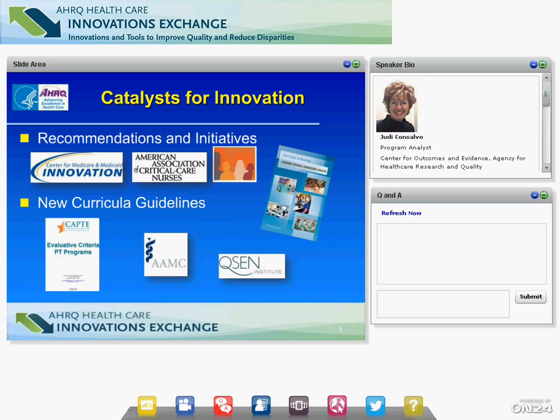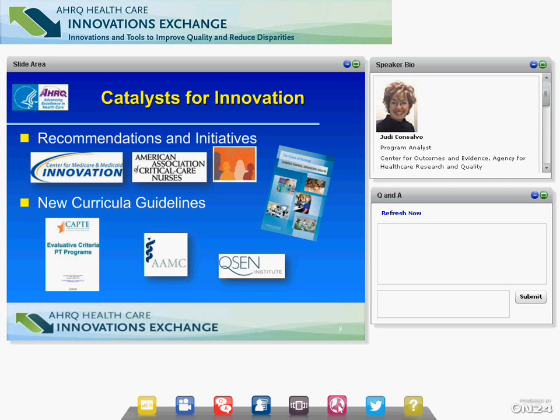This point is driven into recommendations and the institutionalization of innovation and quality improvement in health providers' education by a number of entities. Innovations for improvement has been promoted by the following catalysts and initiatives and institutions. For example, the Center for Medicare and Medicaid has a Center for Innovation.